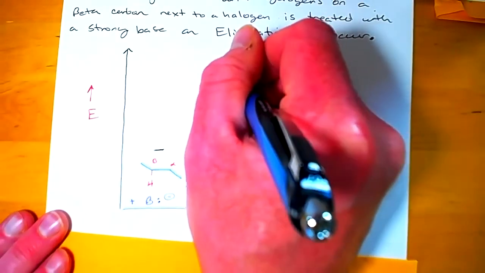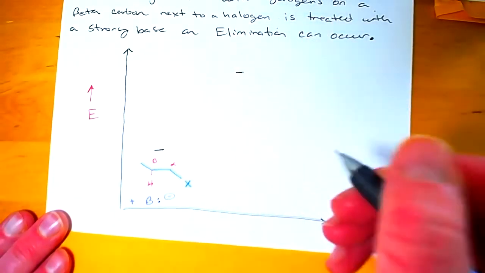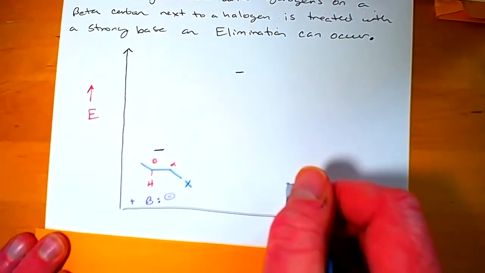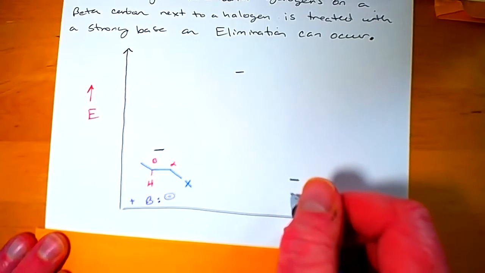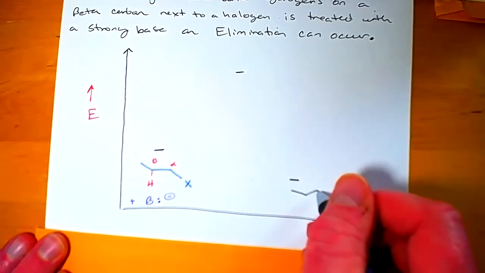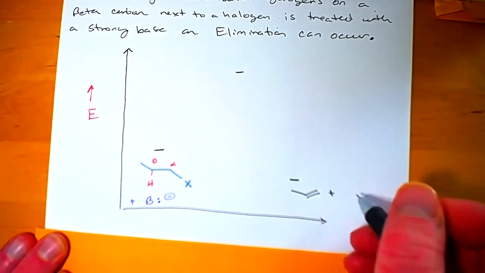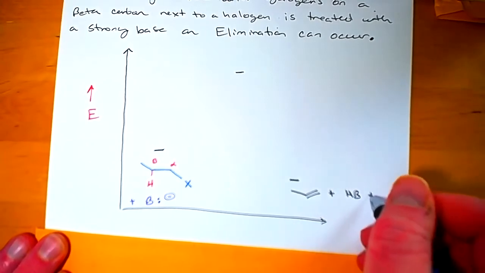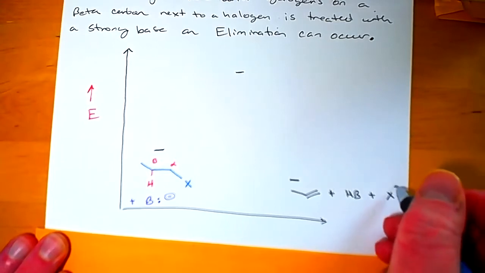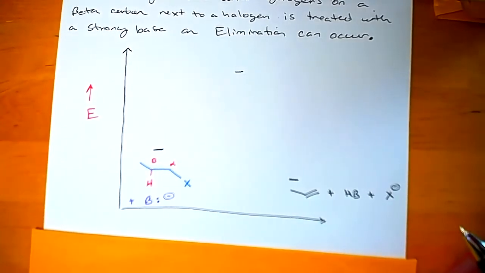So we're going to go up here to a transition state, and then down here are going to be our products. Now, the products that we produce are going to be more stable than our reactants. So this is an exothermic process overall in most circumstances.